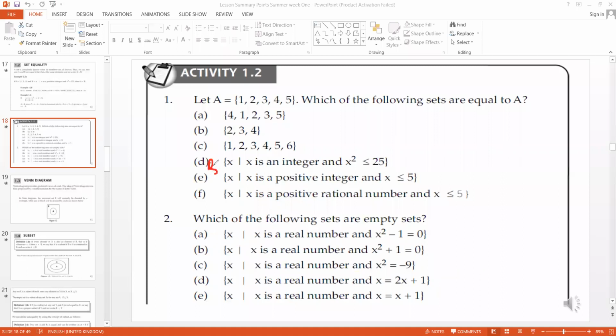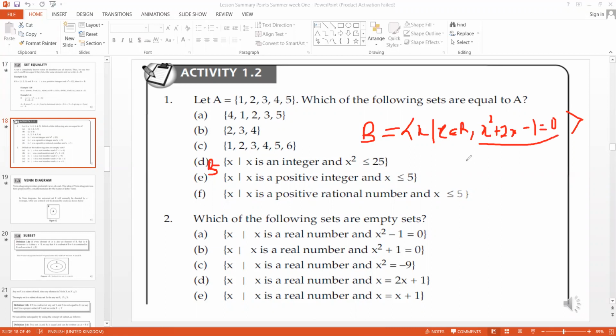Maybe the set B is the set of X such that X is an integer and X is less than 25. No, I may put B in the form: X is such that X is a real number and X squared plus 2X minus, probably, 1 is equal to 0. So I'll put it in the quadratic form.